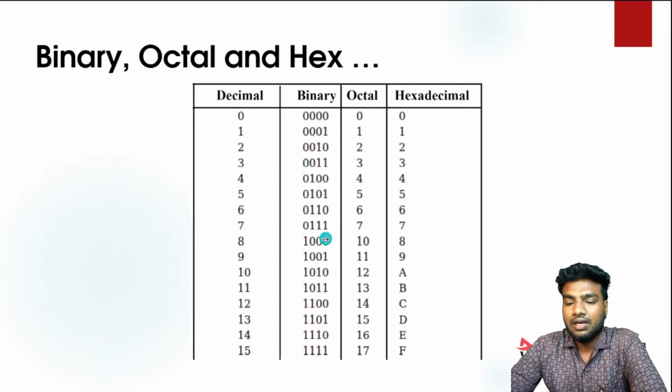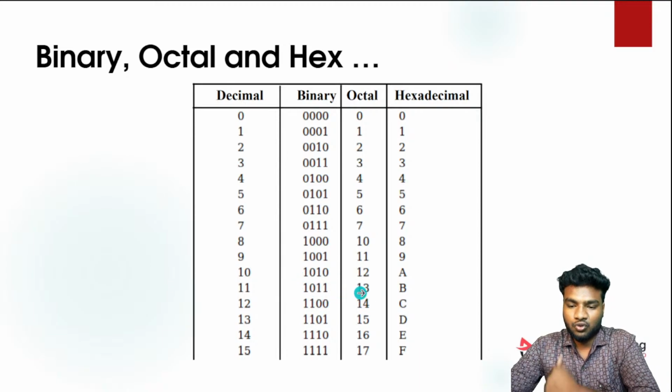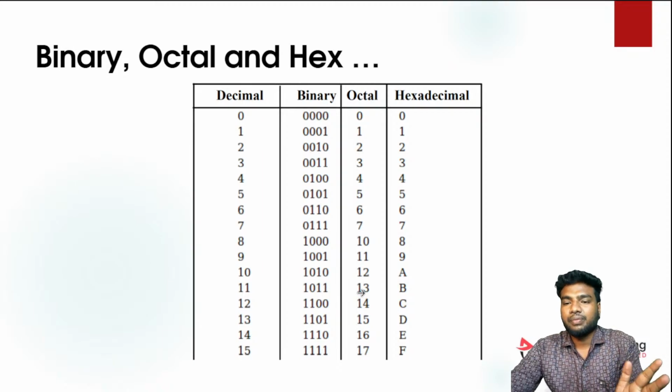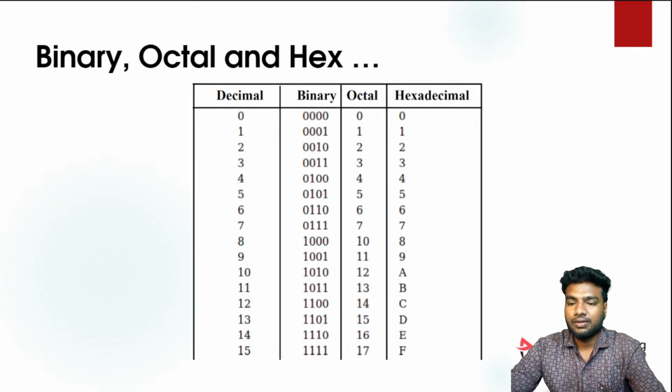Same thing, if you see here 0 1 1, that means 3. So I just put 3, and then the remaining 1 I just keep here. So this is the conversion of binary to octal. So let's see one by one.